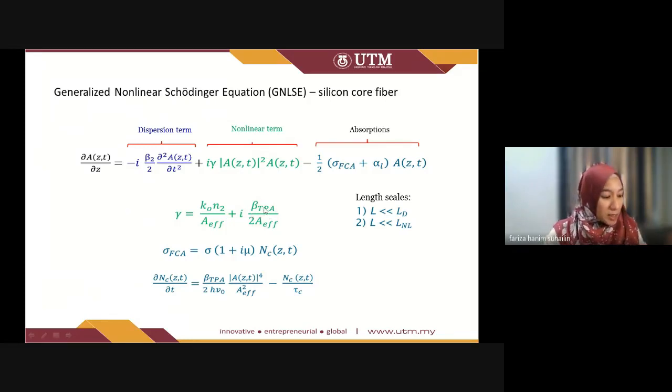Beta TPA is the 2 photon absorption that happens inside the silicon core, where it tells us about how electrons move in the structure of silicon from the valence band to the conduction band, and in order to jump they absorb 2 photons, and that can induce loss in the silicon optical fibers. So the next term is absorption.